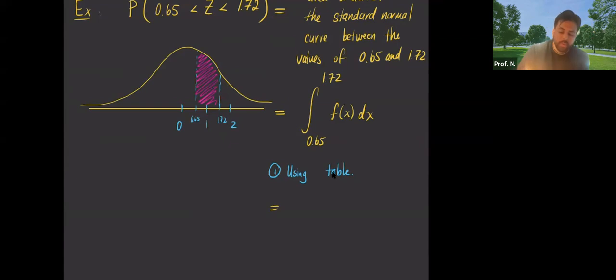And Alexandra, you're right on the money. Since using the table, the area is only to the left, what I can do is find the area to the left of 1.72, which would be all of this, and then subtract off the area to the left of 0.65.